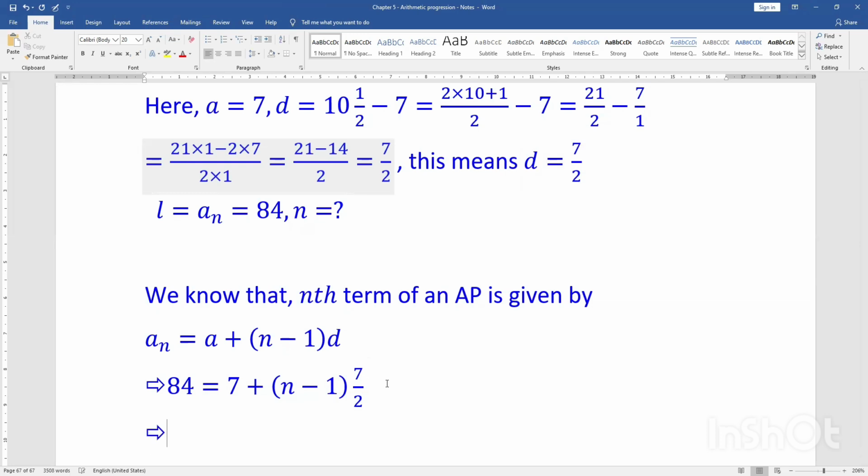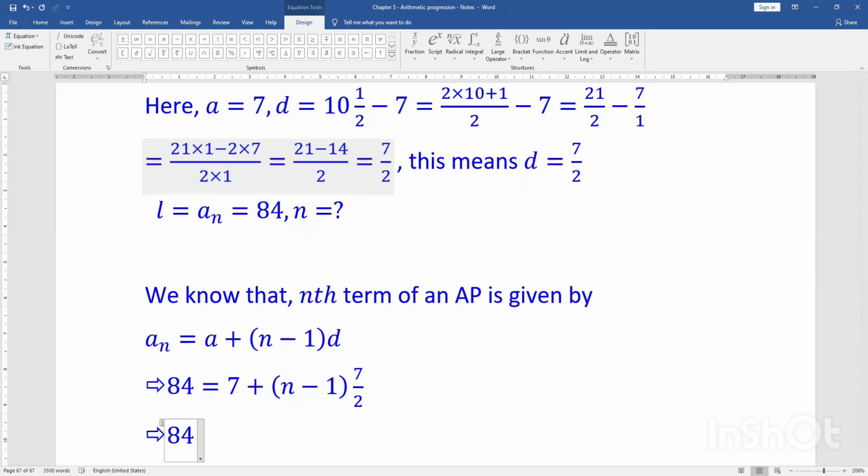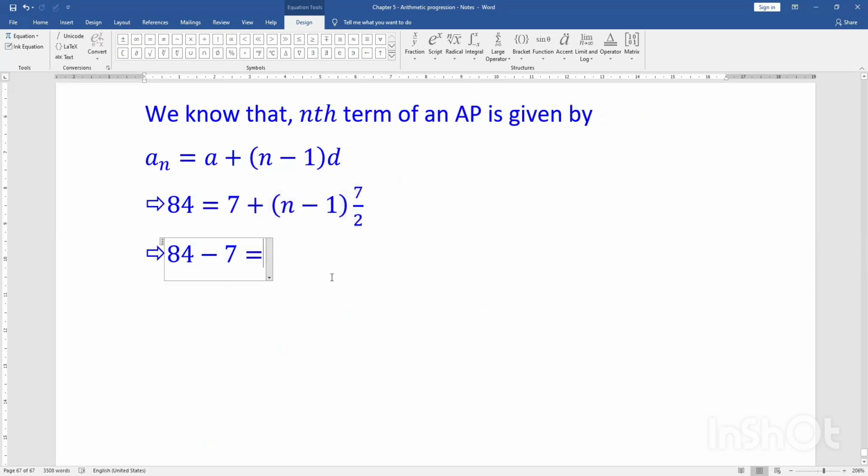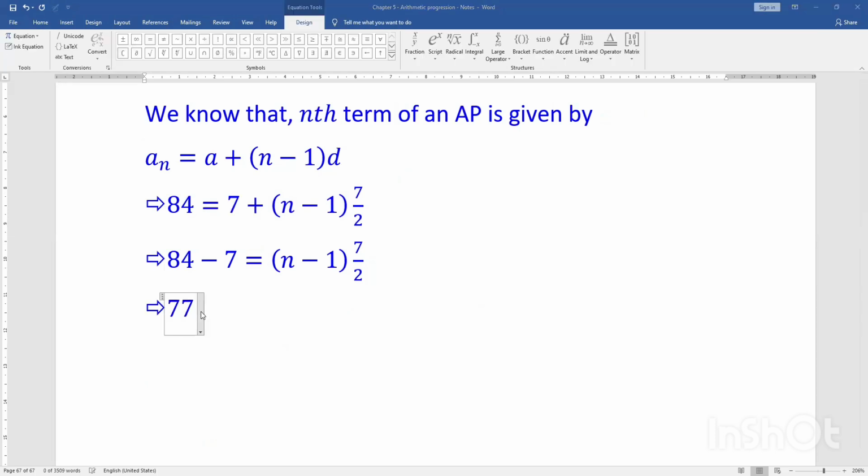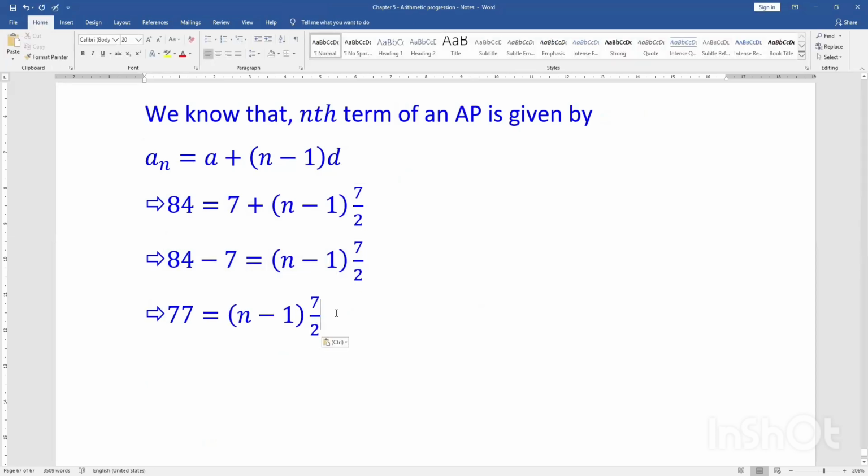Now 84, let us write it. 7 transposed to the left hand side becomes minus 7, equals n minus 1 into 7 by 2. Or 84 minus 7, which is 77, equals n minus 1 into 7 by 2.